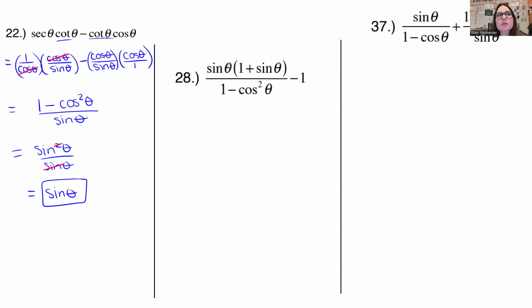I'm going to distribute the sine in, and I'm going to change this to sine squared. So I end up with sine plus sine squared all over sine squared minus 1. Don't forget the minus 1.